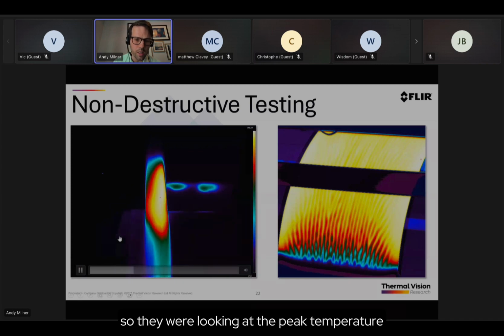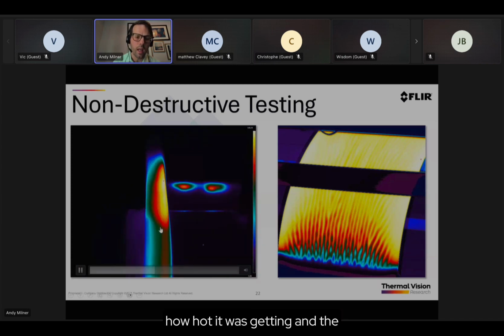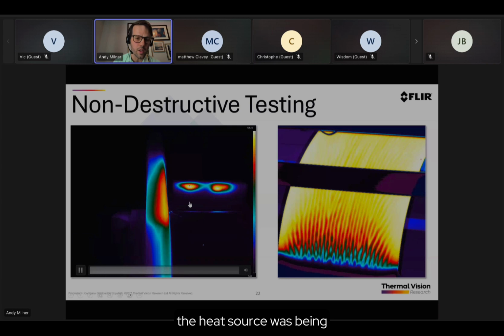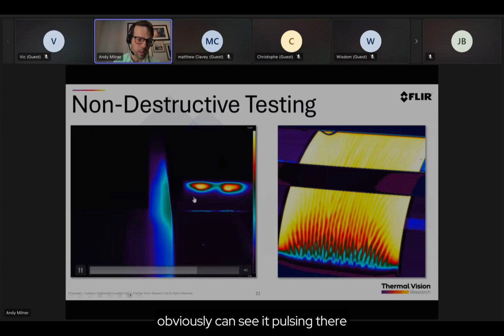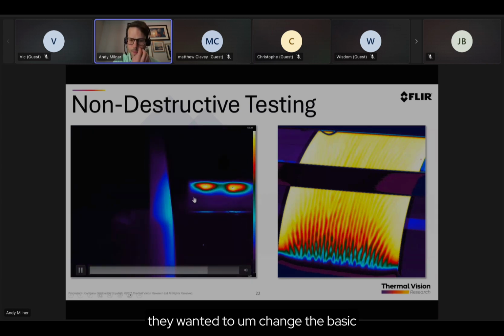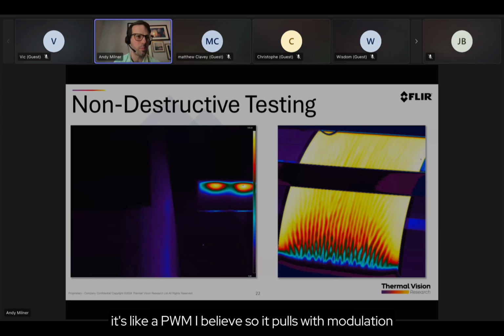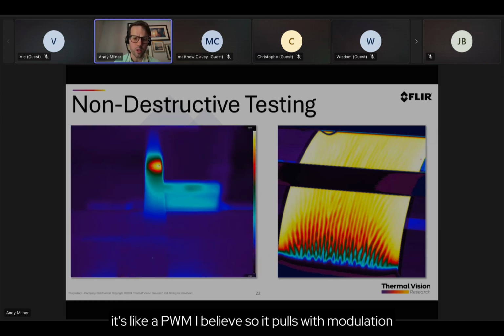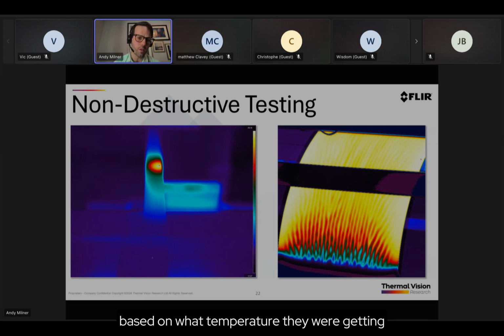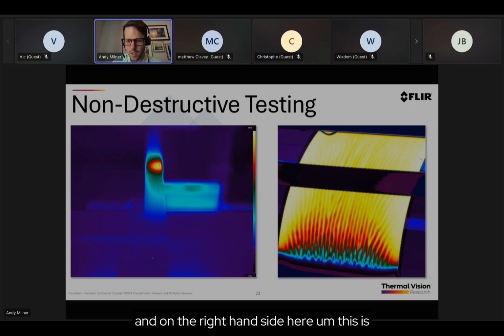They were looking at the peak temperature, how hot it was getting, and the heat source was obviously pulsing there. They wanted to change it, I believe, like pulse width modulation, so they wanted to modulate that based on what temperature they were getting on the film that they were looking at.